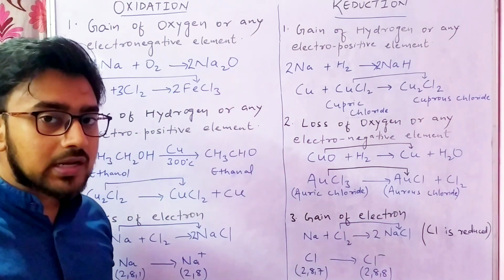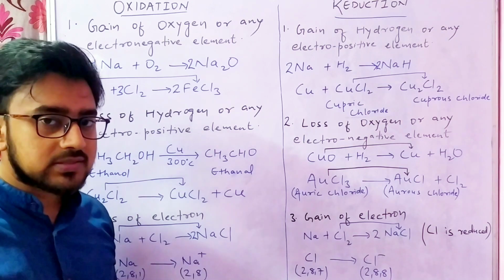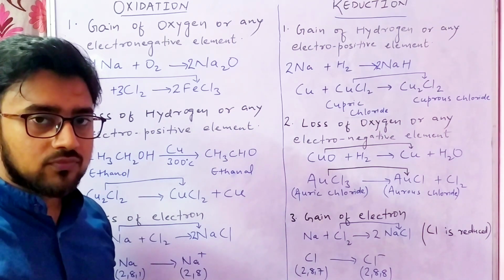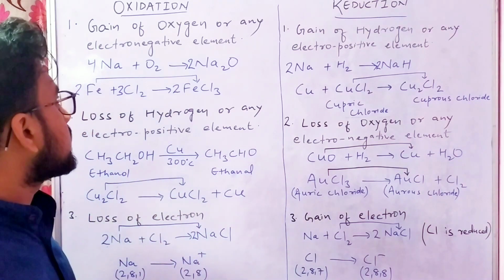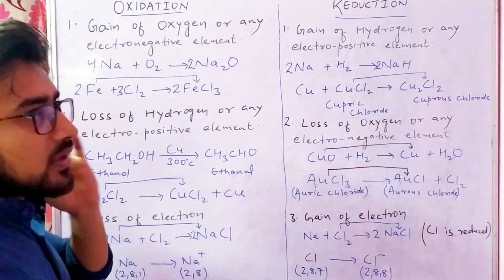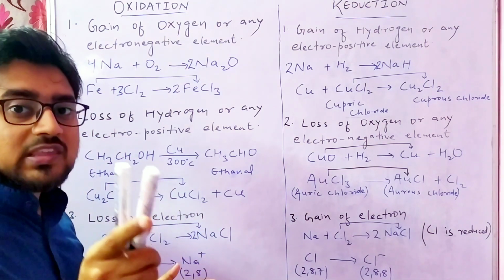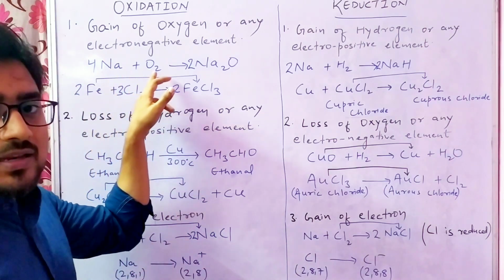So what is an electronegative element? Electronegative elements are those elements which have a tendency to gain electrons, like chlorine, fluorine, oxygen, sulfur. So if oxygen is being added to any reactant, see here, we have taken sodium and reacted it with oxygen.